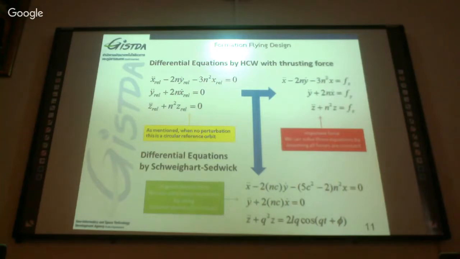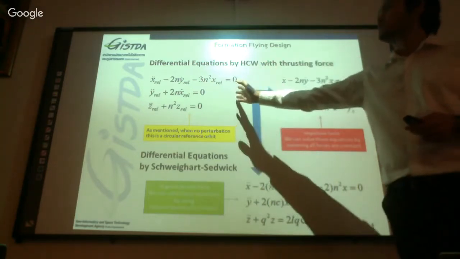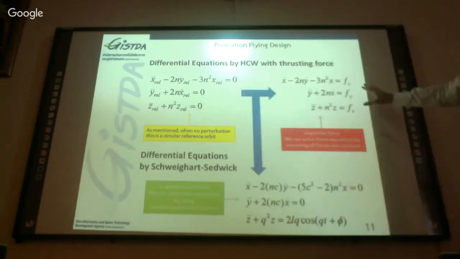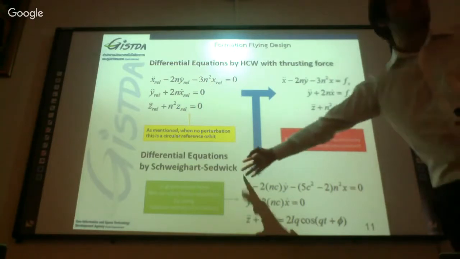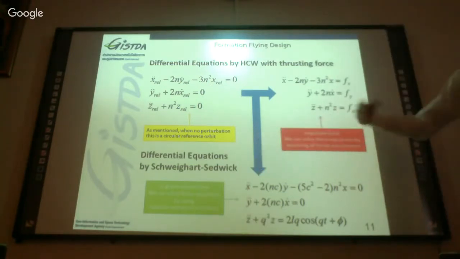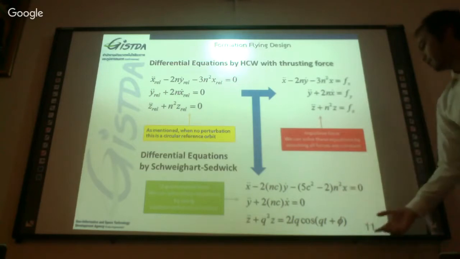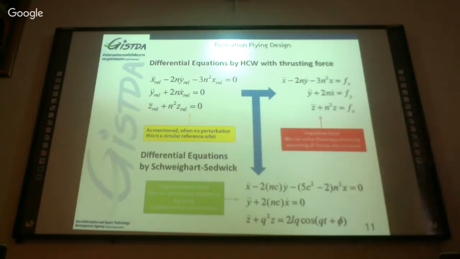So this is the differential equation of Hill with zero thrust, and this one is with a force that we can apply, like a thrusting force or impulse. But Schweighart and Sedwick, checked with two scientists from MIT, solved this by including the J2 perturbation, the gravitational effect, in the equation already.